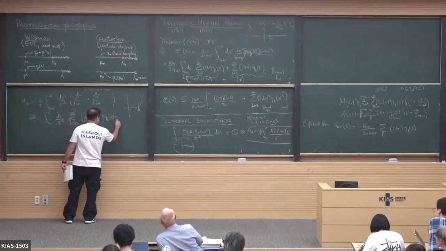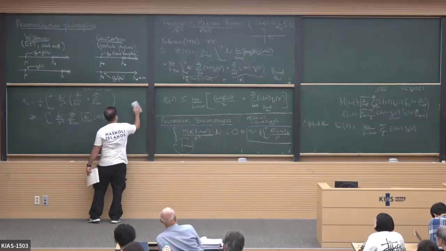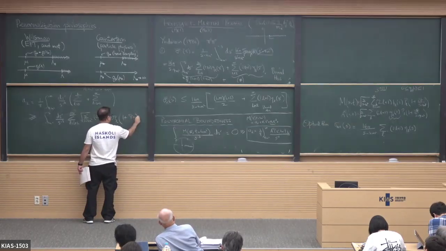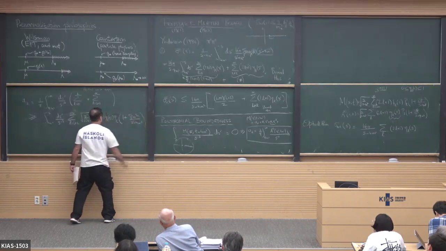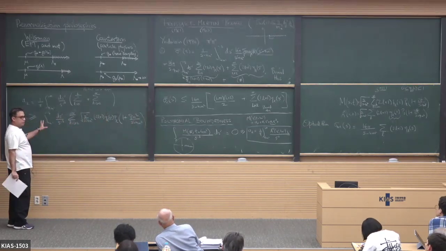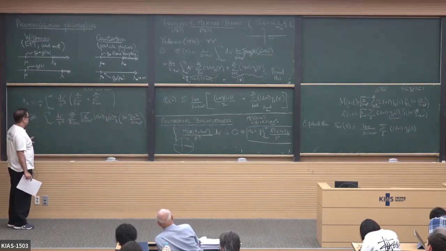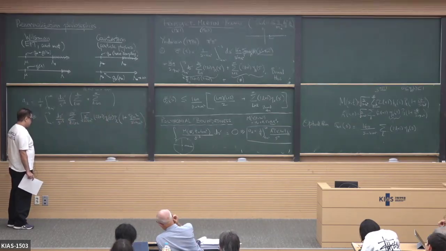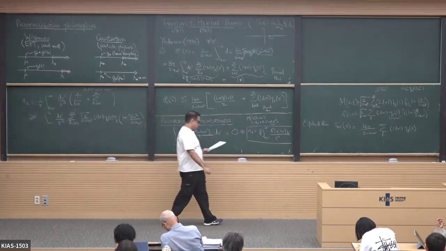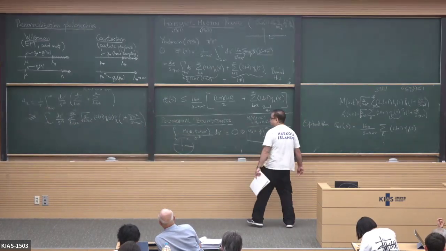And this is where the Legendre polynomial enters. 1 plus 8m square over s prime minus 4m square. Are the manipulation steps clear? Okay.